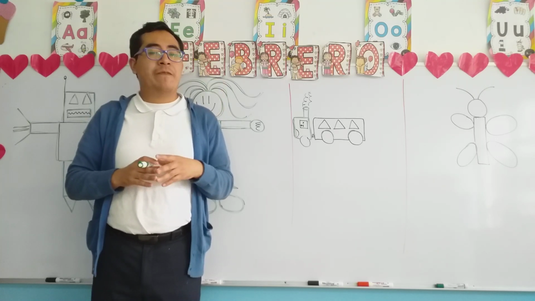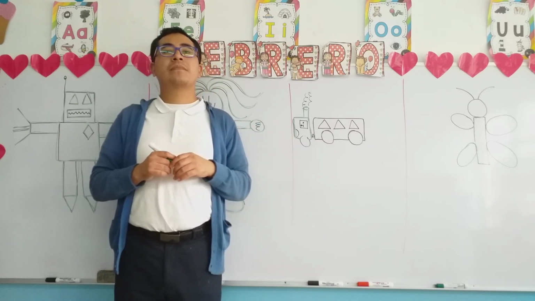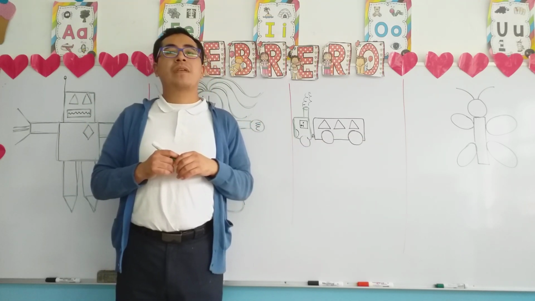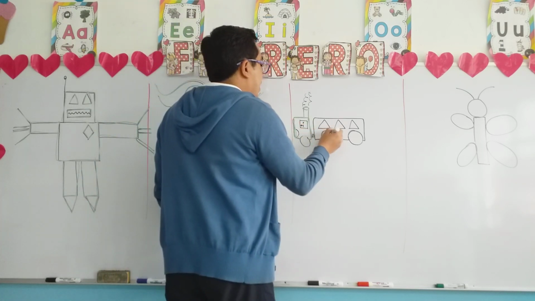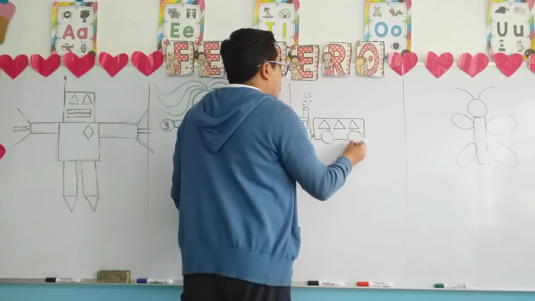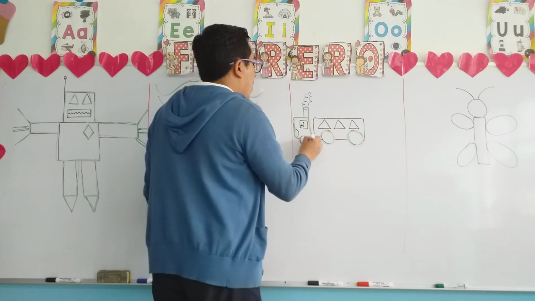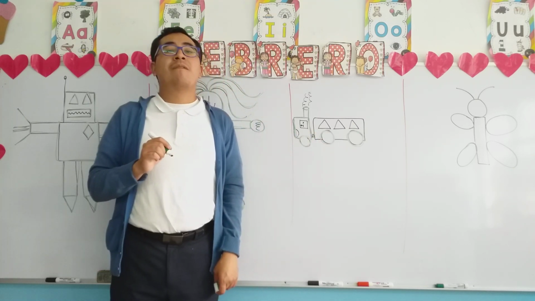Las llantas, ¿qué forma tendrán? Like a circle, very good. So, the tires of means of transportation, such as a truck, a car, a train, have circular form.